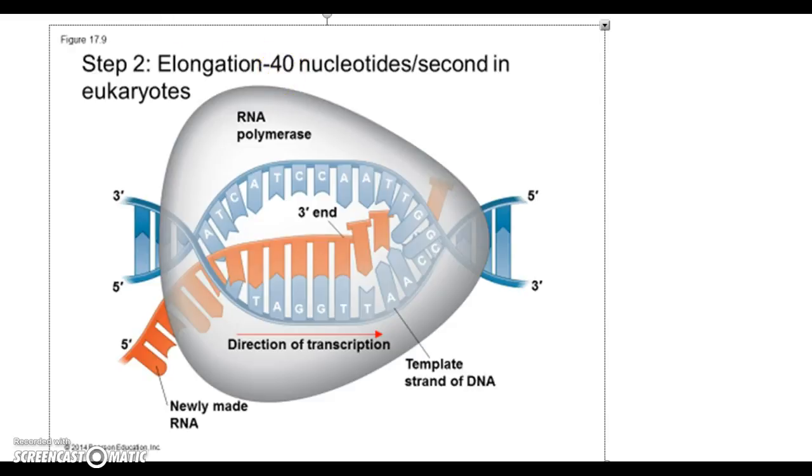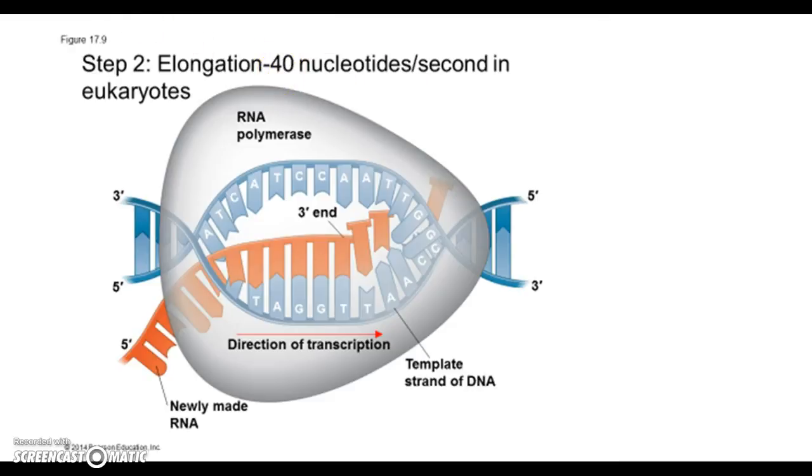Elongation, again, this tells you the speed at which RNA polymerase can work, so about 40 nucleotides per second. So if you take a look here, it has unzipped the DNA and it started to build. If it sees a T, it can still put an A, so we still find adenine in there.